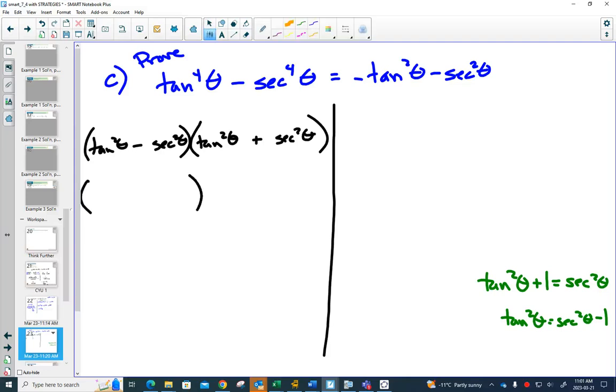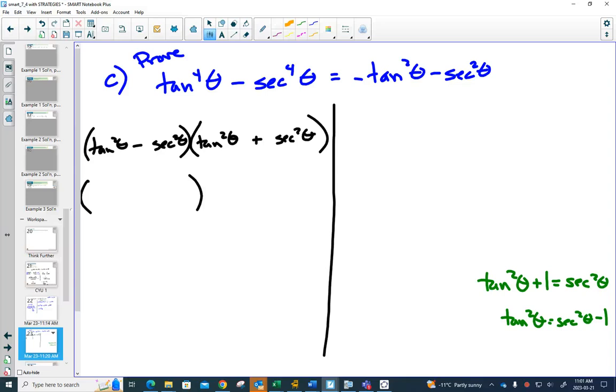If I take that in this first one, and can you see that if I change the tan squared to secant squared minus 1, and sometimes you have to visualize and think ahead a little bit, the secant squared and the secant squared would cancel out. That might be nice.